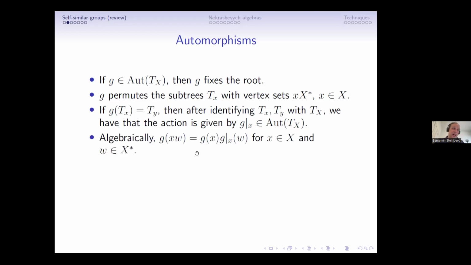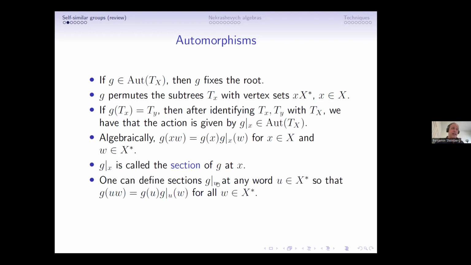So algebraically, what this means is if I have a word xw starting with the letter x, acting by g, I basically do whatever I do to x, and then I apply this thing here, which is called the section, to what remains of the word. We call this the section, or sometimes it's called the restriction. One of the things about self-similar groups is Nekrashevych very often changes the terminology from paper to paper and book to book. So sometimes it's easy to get out of date.